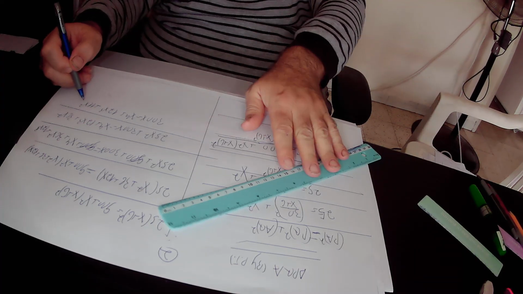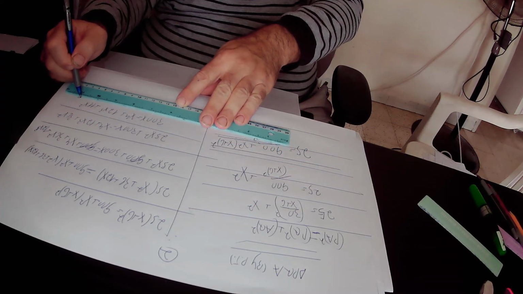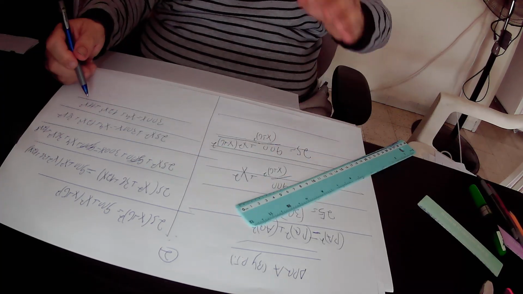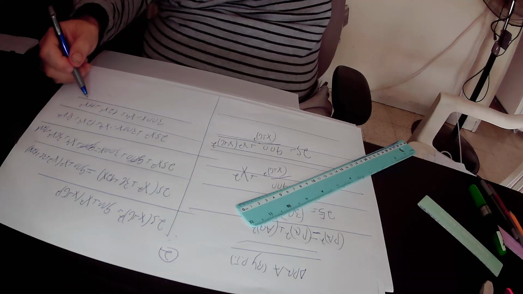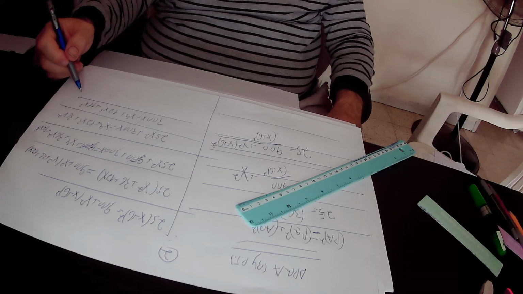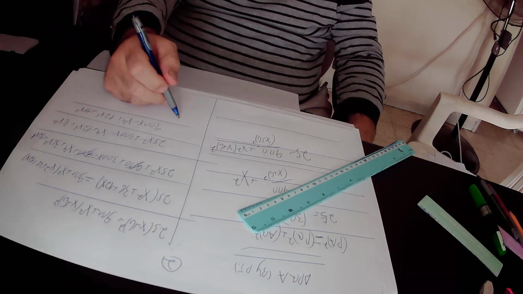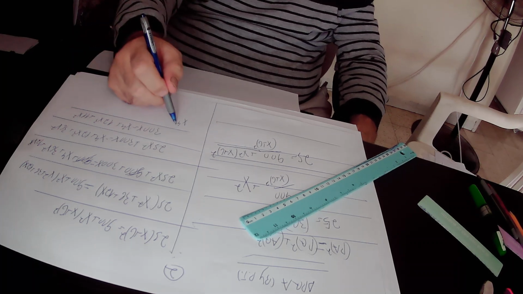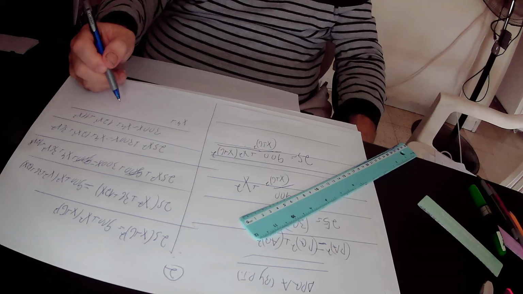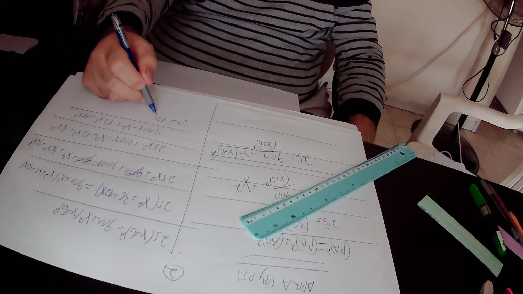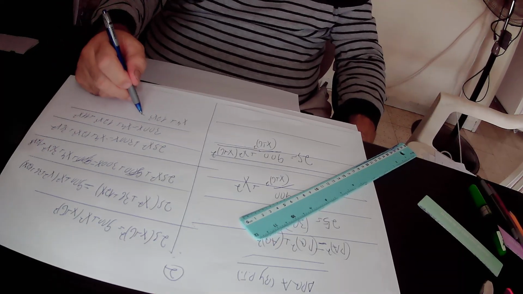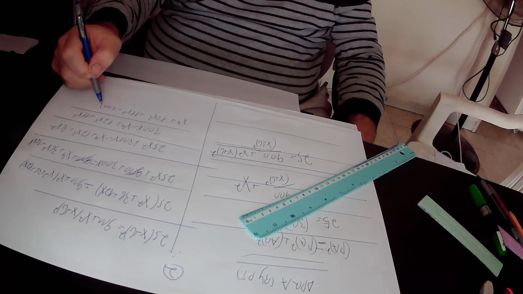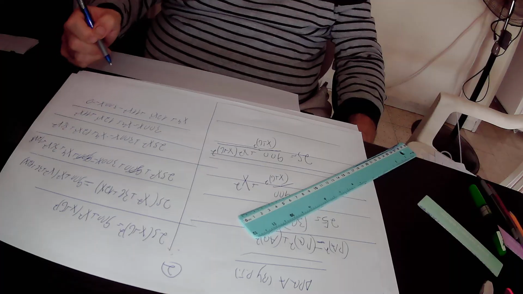So in total we found out that 300x equals x to the power of 4 plus 12x cubed plus 11x squared. Here we will subtract 300x from this equation, and finally get x to the power of 4 plus 12x cubed plus 11x squared minus 300x equals 0.